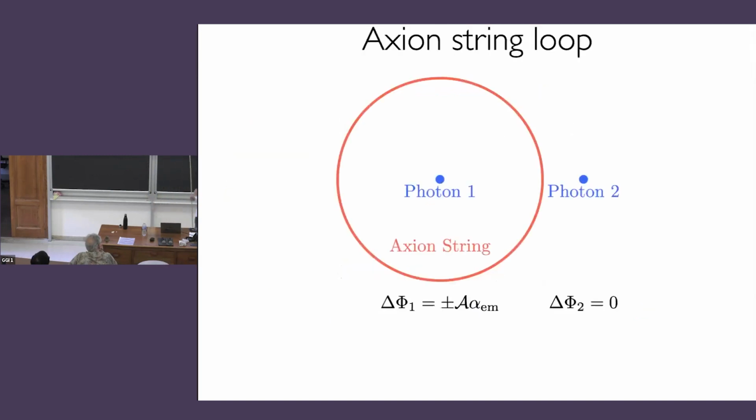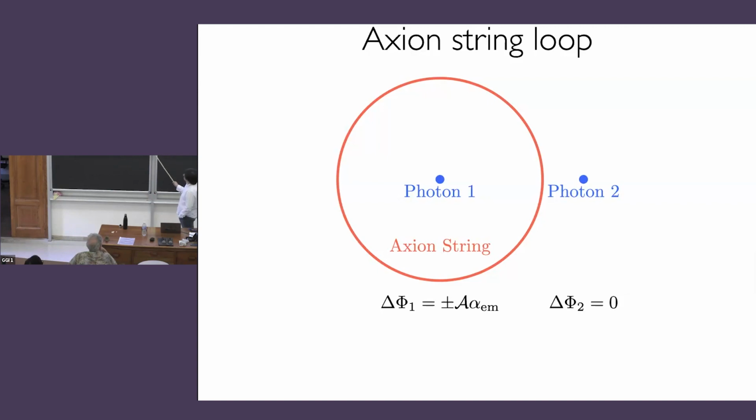We'll see how this can be measured. The third picture I'm going to use is with axion string loops. This red circle is an axion string loop, and now I'm looking at two photon trajectories, 1 and 2. Photon 2 is outside the string loop, and using topology, I can take it all the way to infinity, where it is certainly not going to be affected by the string loop. So delta phi 2 equals 0.